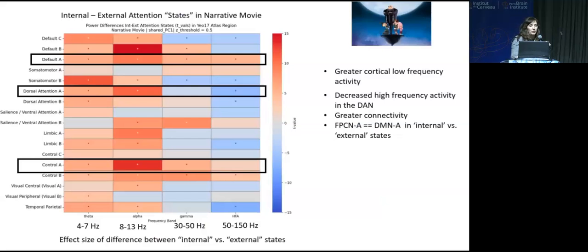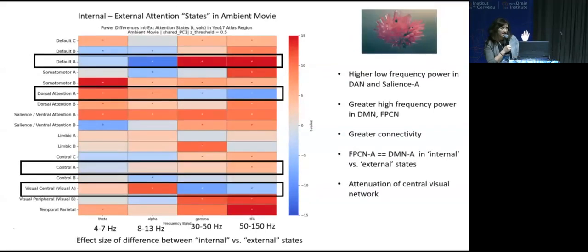We see greater cortical alpha generally in low frequencies, and it mostly corresponds with less high frequency activity, which are usually anti-correlated with each other. But importantly, we see higher default mode A and lower dorsal attention. We see really almost exactly what we would expect.